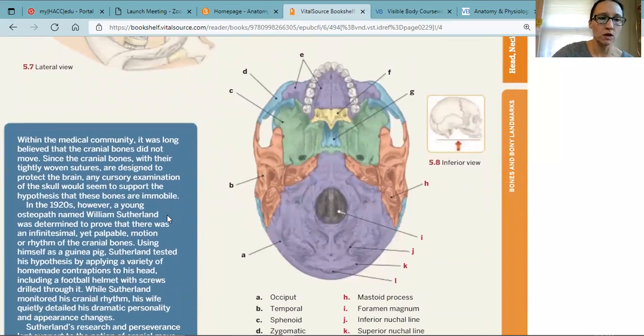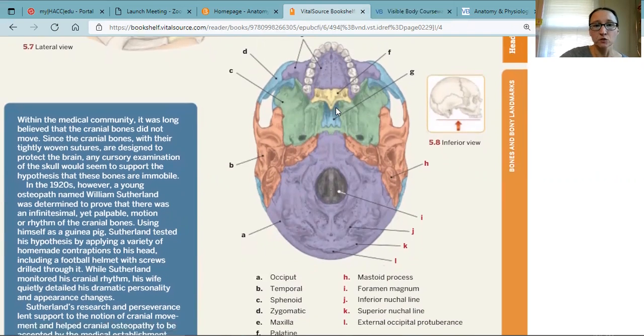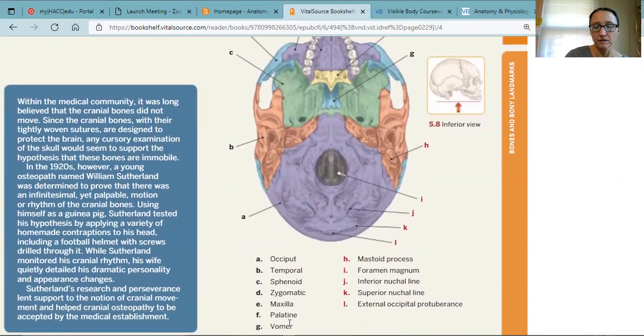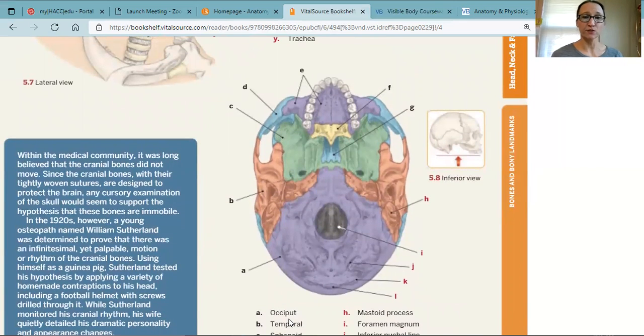Okay, so one more image here. We have a couple more landmarks that we need to talk about, but first, this bone right here, that's the palatine bone, okay? We were not able to see it, here it is, palatine, there's the word, P-A-L-A-T-I-N-E. We were not able to see it in any of the other views because we needed to turn the skull upside down.